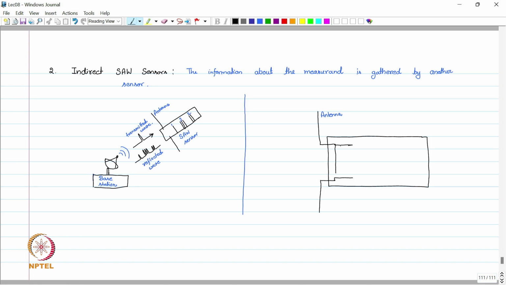These are the IDT structures. So when we send the signal, this signal is going towards this SAW device. This will be picked up by antennas and will be converted here into a SAW, or the surface acoustic wave.